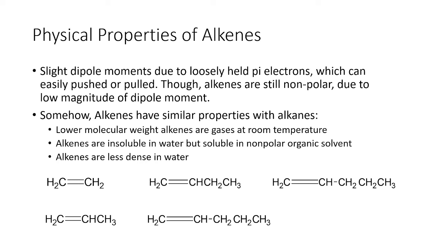So in here, actually, when we talk about alkenes in comparison with alkanes, alkenes actually have what we call a slight dipole moment, not unlike alkanes, due to its loosely held pi electrons, or the overlap of the location of the electron cloud na nagko-form ng tinatawag nating double bond, which can be easily pushed or pulled, though na nagko-cause nung tinatawag nating slight na negativity due to the presence of those electron clouds dun sa ating pi electrons.